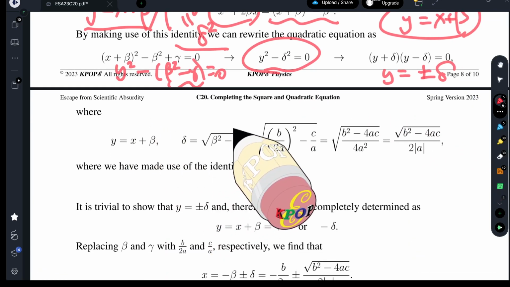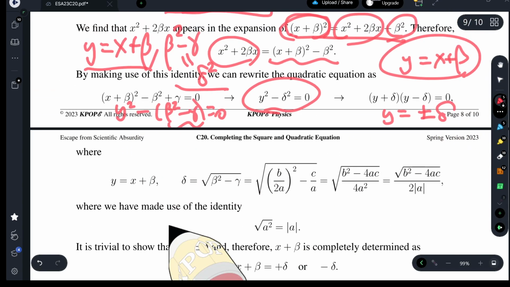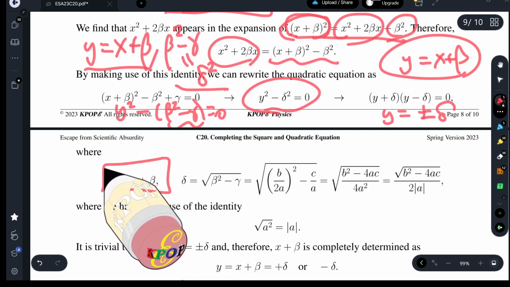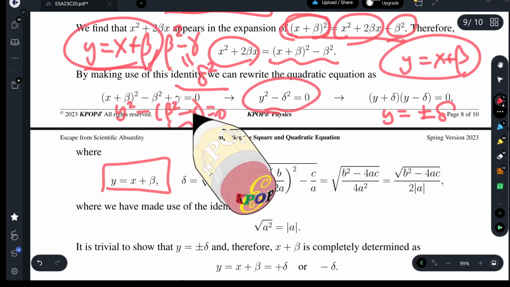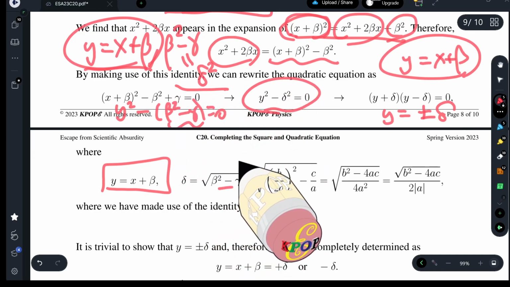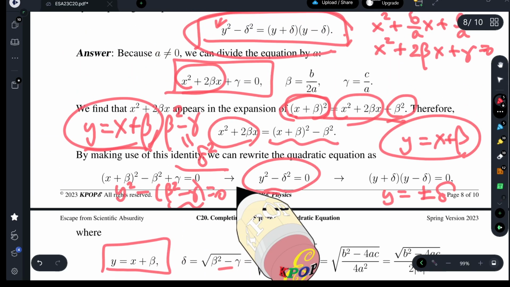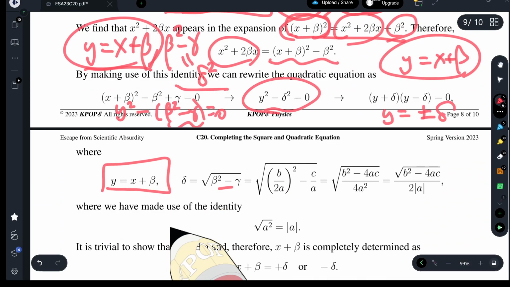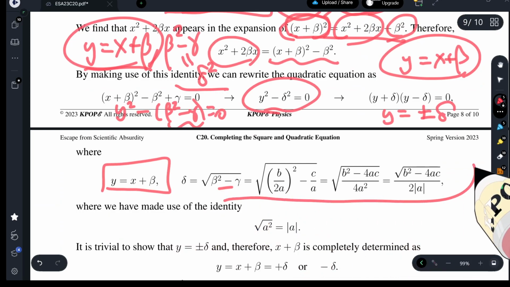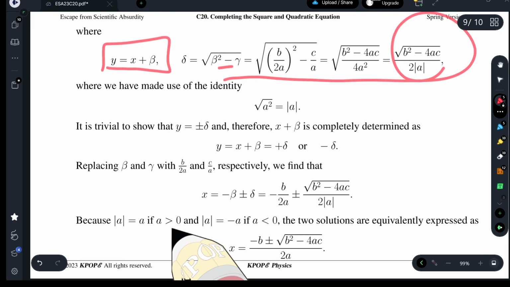And because of this relation, y equals x plus beta. Delta can be found as the square root of beta squared minus gamma, and beta and gamma are given here. Substituting those values, we find this one that we are very familiar with.